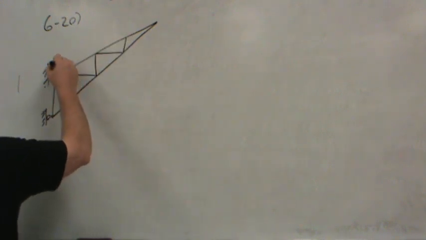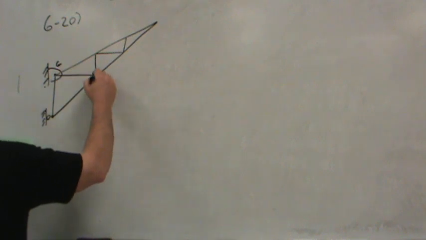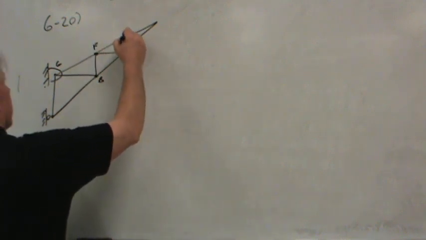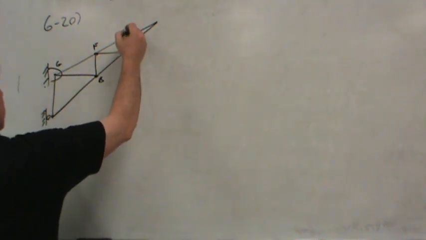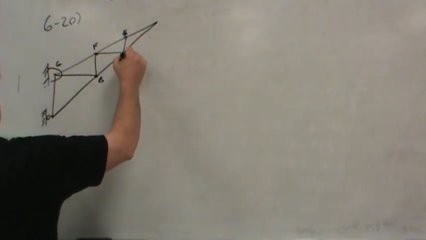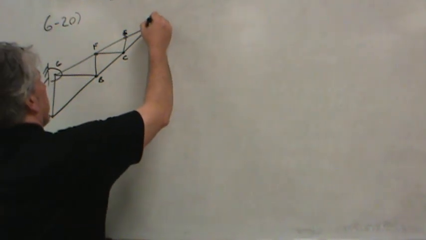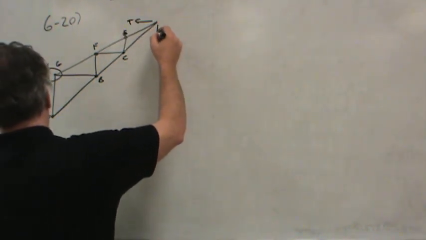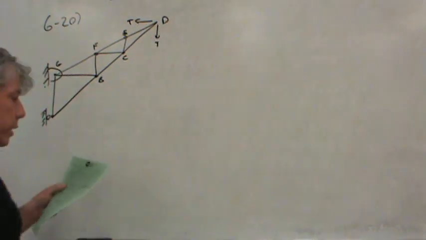Like this. So point G is here, point B is here, point F, E, and C. There is a tensile load this way at point D.